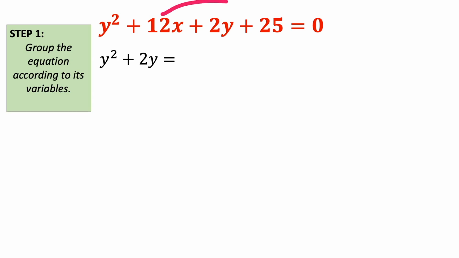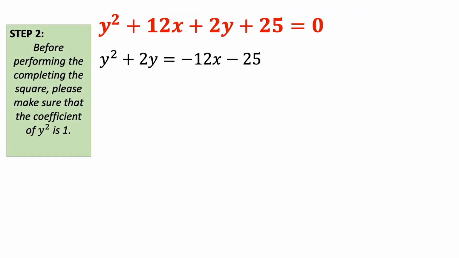Transposing positive 12x to the right side will give us negative 12x, while transposing positive 25 to the other side becomes negative 25. In step number 2, we need to make sure that the coefficient of y squared is 1 before we perform completing the square.